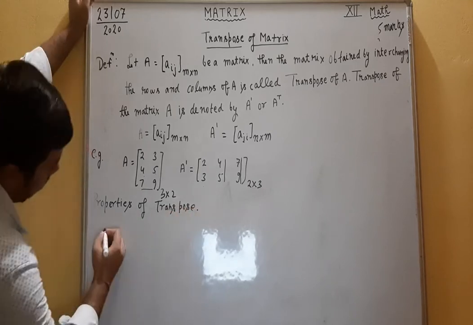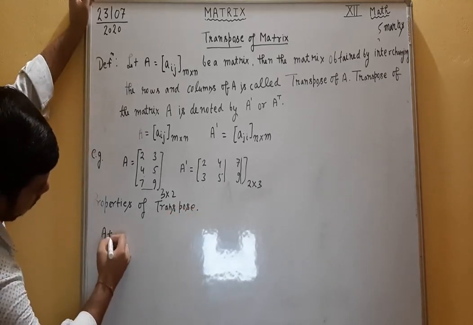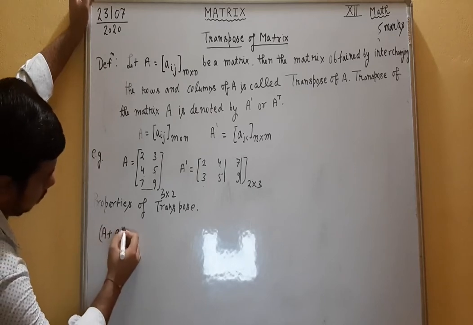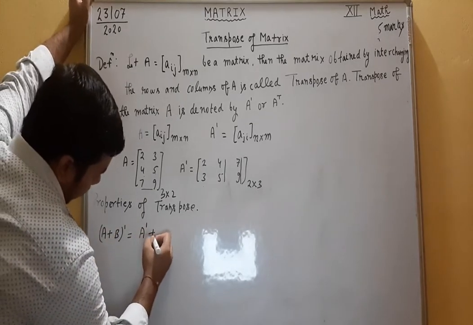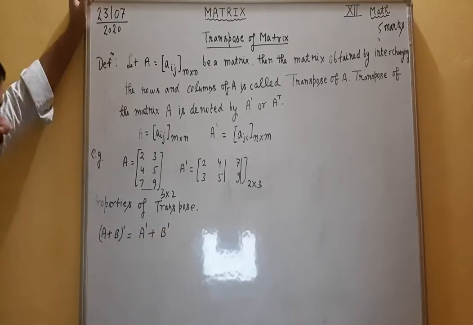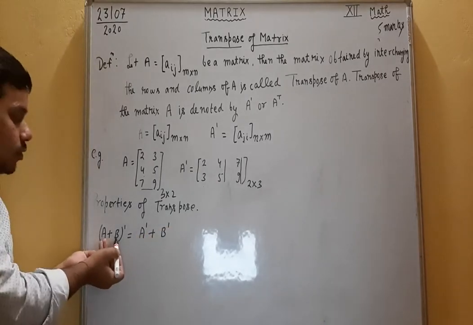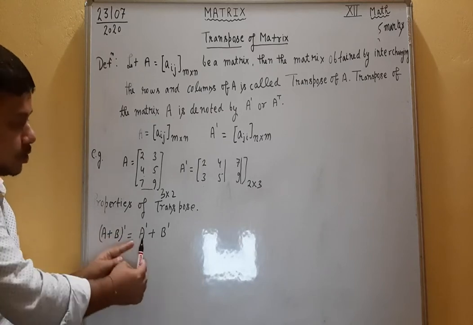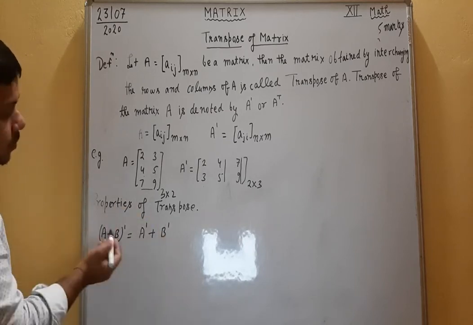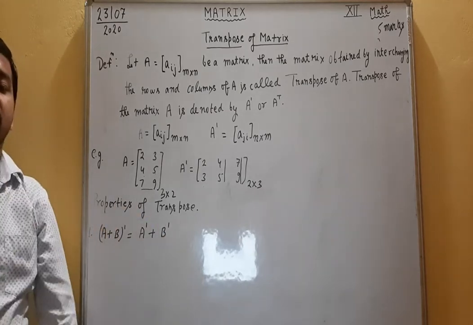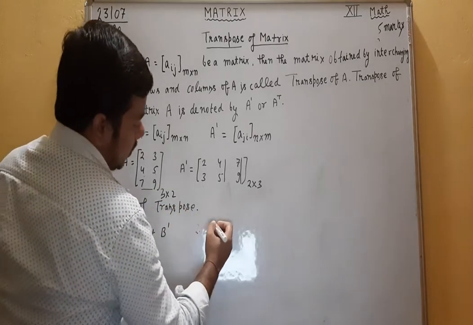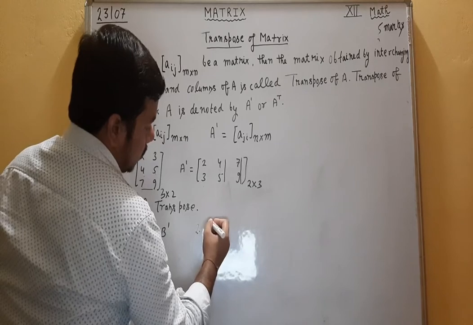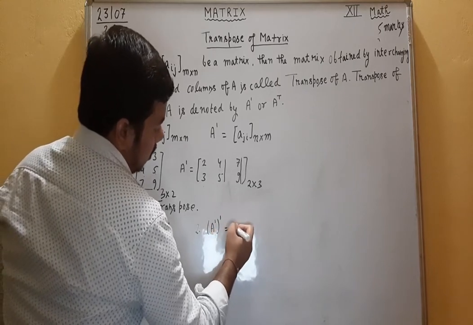First property is that the transpose of the sum of two matrices is equal to the sum of the transposes of the matrices. Means you add two matrices and then take the transpose, or take the transposes and then add, your result will be the same, right?